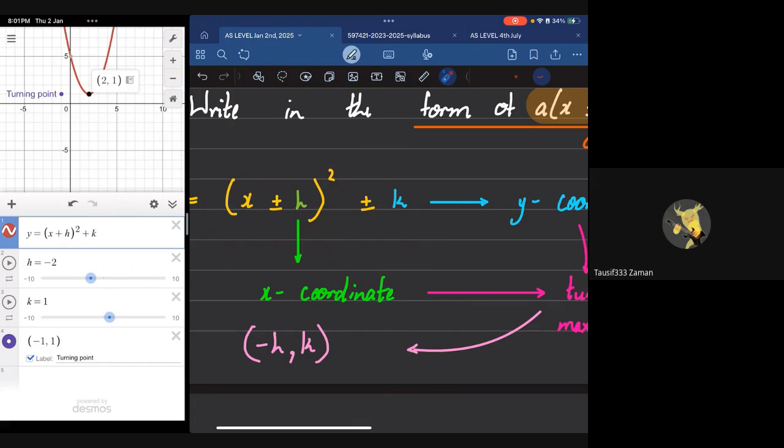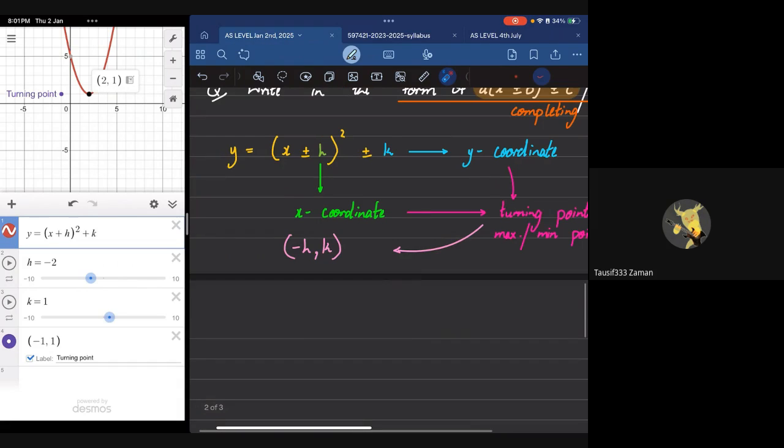Is this clear? But the issue is not with k. The y coordinate of the turning point is as it is. Whatever value of k is there, you'll copy that onto your graph.